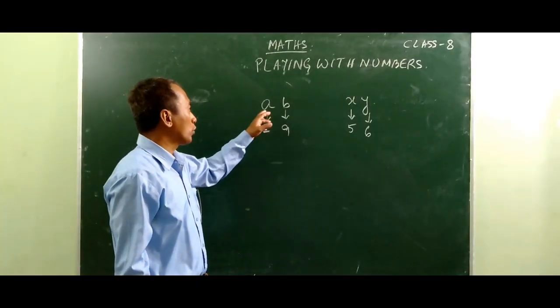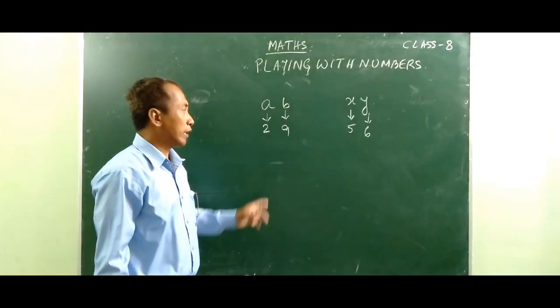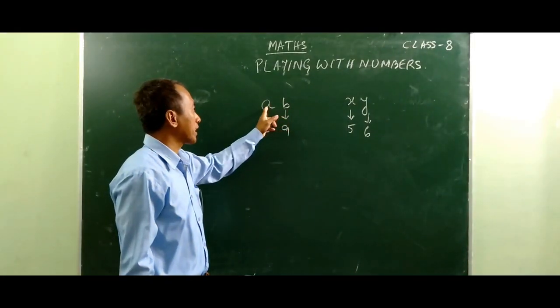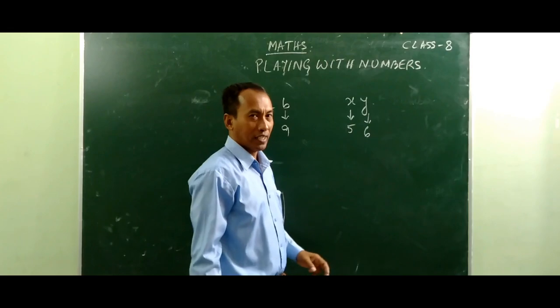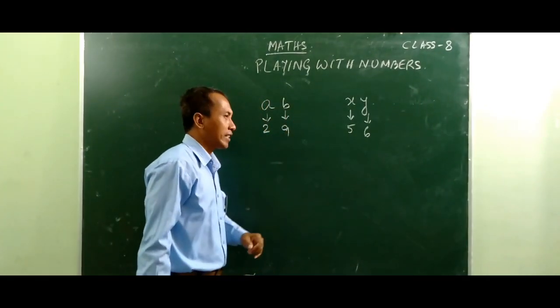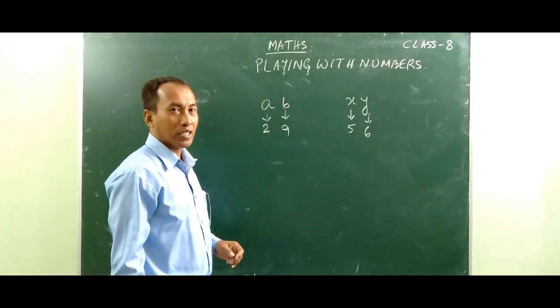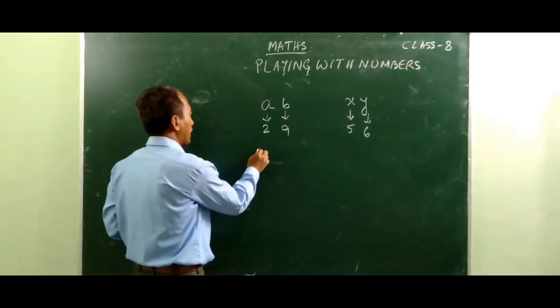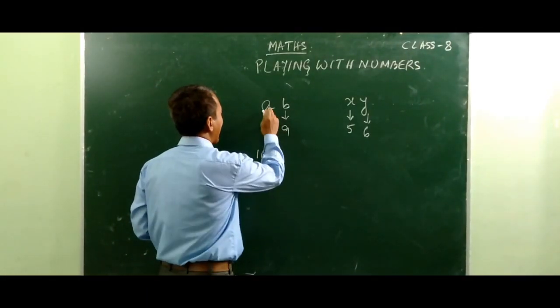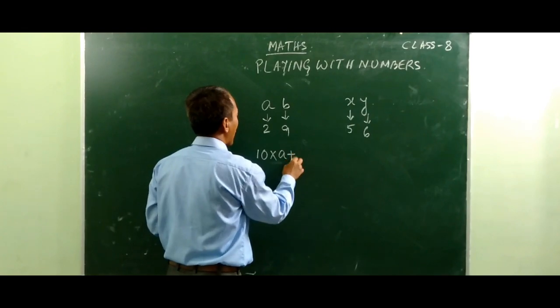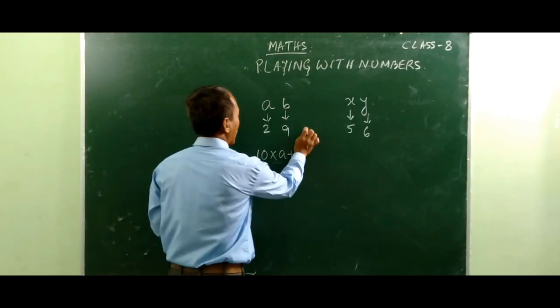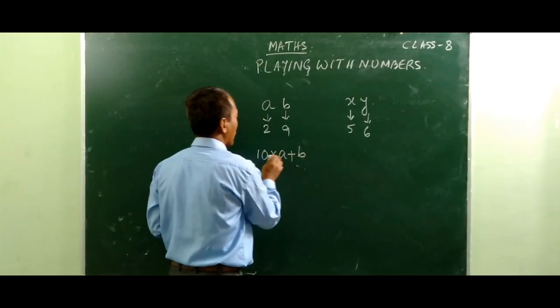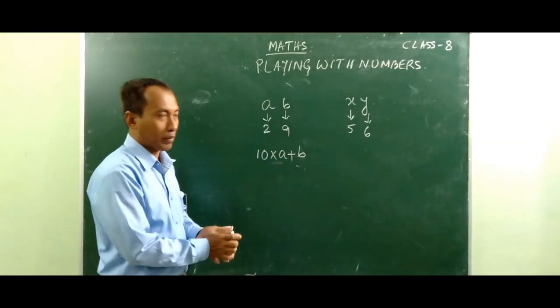Supposing we do not know the number and we express the 2-digit number as AB or XY, how do we represent this AB or XY as a 2-digit number? We know that it is 10 into tens place, which is A, plus unit place, which is B. So this is your 2-digit number.